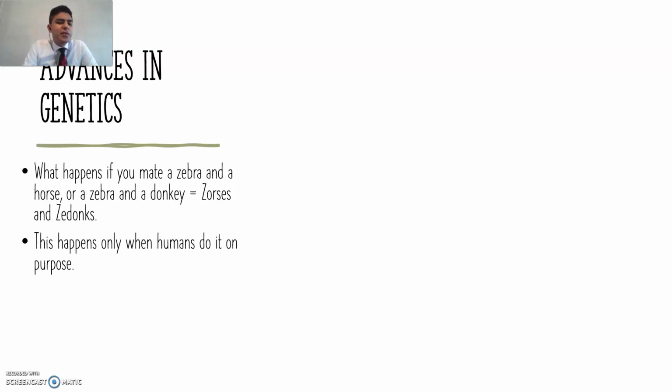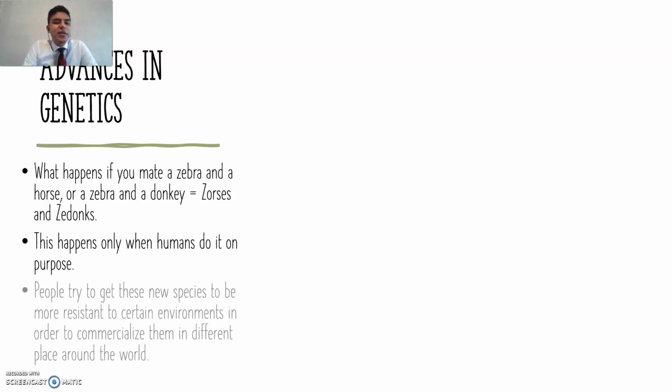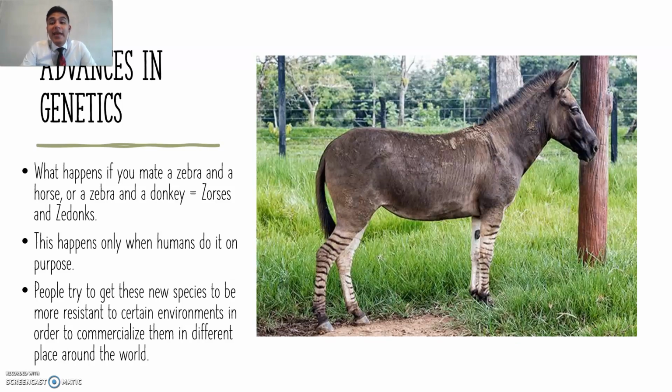But why would humans mate zebras, donkeys, and horses? Well, people try to get these new species to be more resistant to certain environments in order to commercialize them in different places around the world. So, of course, it's way more difficult for donkeys and horses to survive in African environments, especially. So what people are trying to do is mating them.